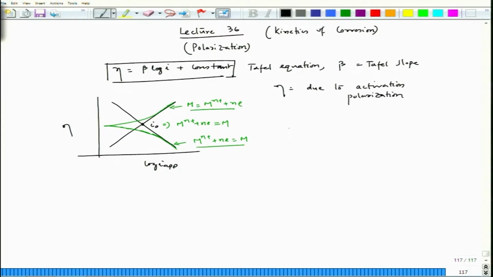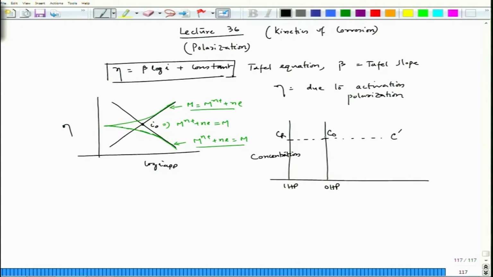Since we could see that if I have a bulk medium, this is IHP, this is OHP, and the concentration of CR and CO, and then bulk concentration C prime, they are on the same plane, and this is distance.